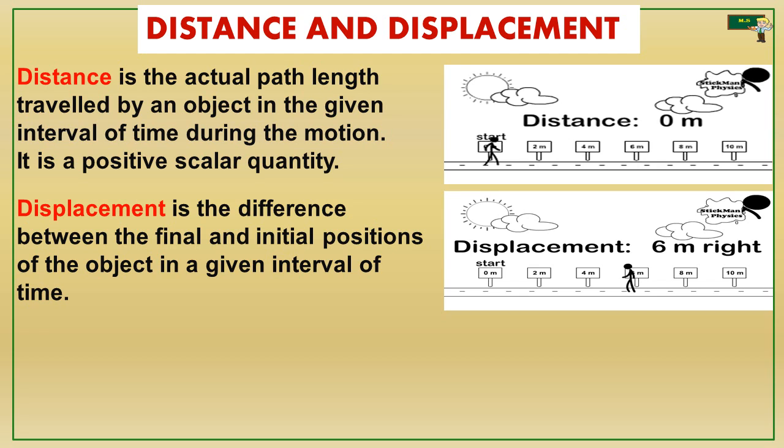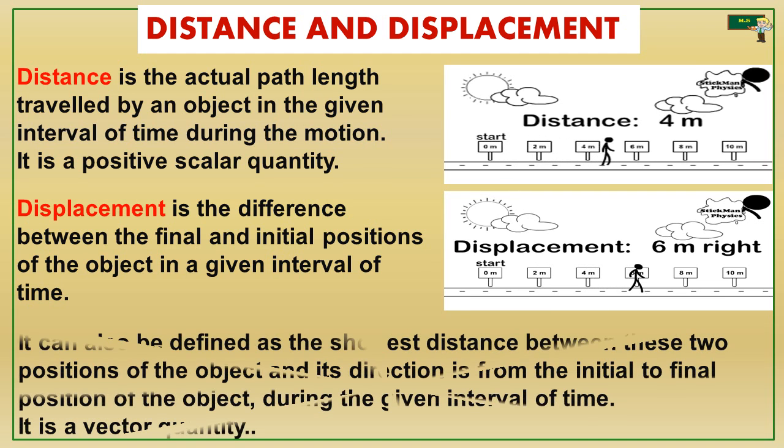Then he moves again towards the initial position. So the displacement is only 2 meters. Between the recorded times the displacement was only 2 meters, but in the case of distance it has been calculated as 10 meters. Let this be the difference between distance and displacement.